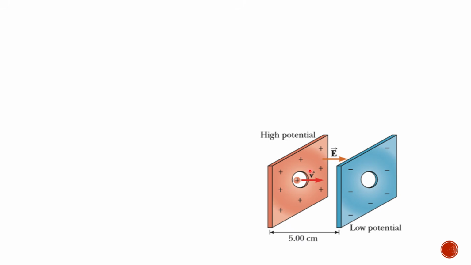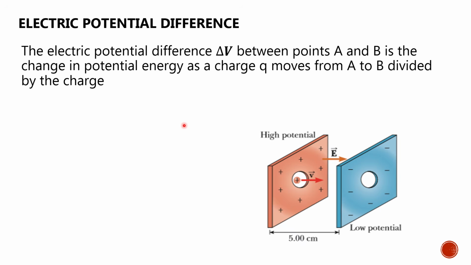What matters is the difference in potential between two points. So if there is movement, meaning there is what we call electric potential difference between these terminals, for example in a battery, we call this electric potential difference voltage.